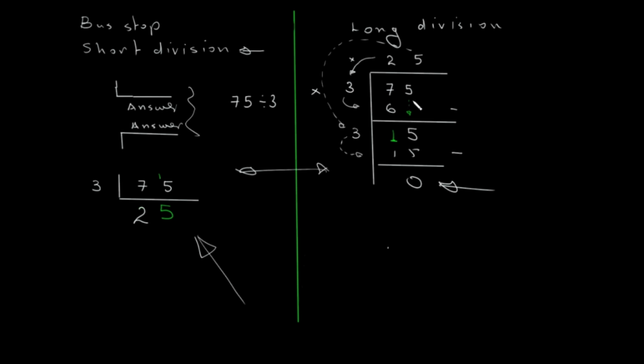That's the difference between bus stop or short division and long division. They're just different ways of writing the same thing. All you've got to do is remember how you get your remainder. You get the remainder by doing a subtraction. In a way, you get the remainder here by doing a subtraction, just usually you do it in your head. Here you write it down.